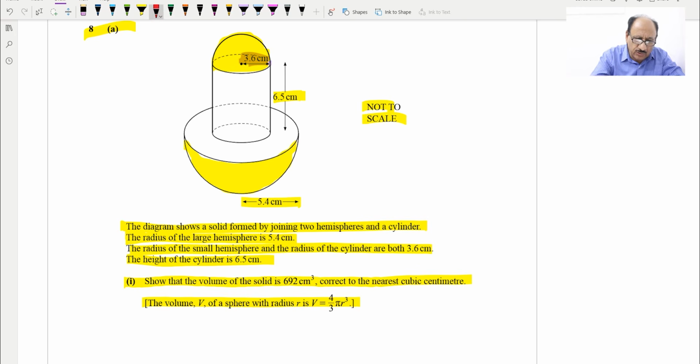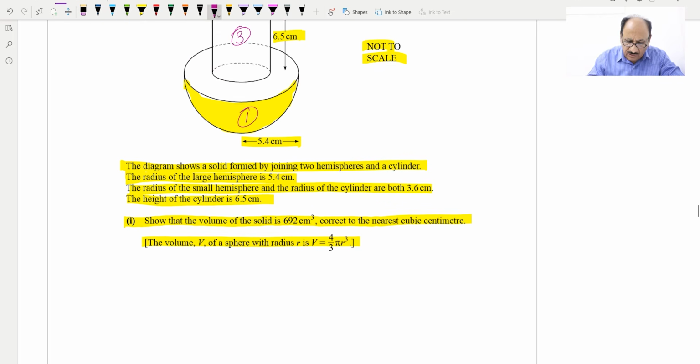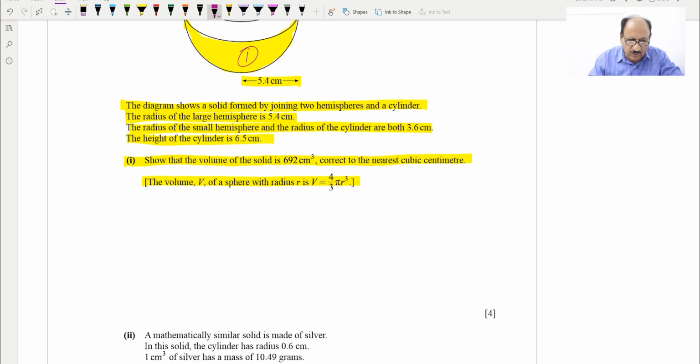What we can do is identify the drawings. For example, there are 3 shapes. One shape is the lower hemisphere, the second shape is the upper smaller hemisphere, and the third shape is the cylinder. So I'm just labeling for your understanding so that we can properly solve this.